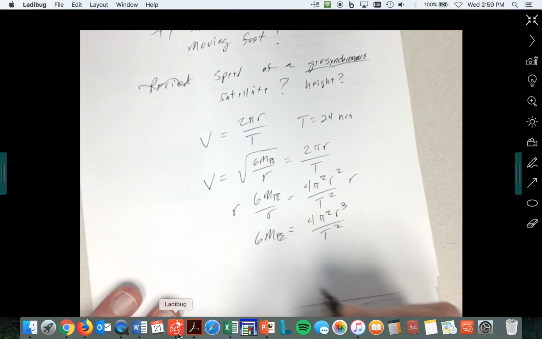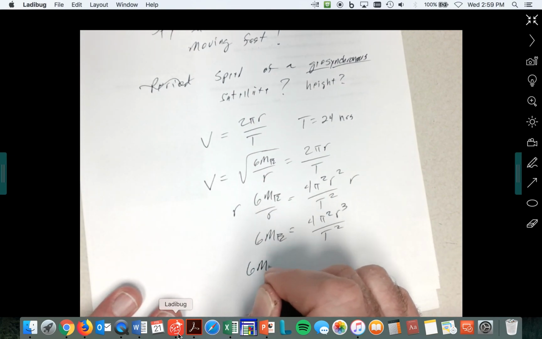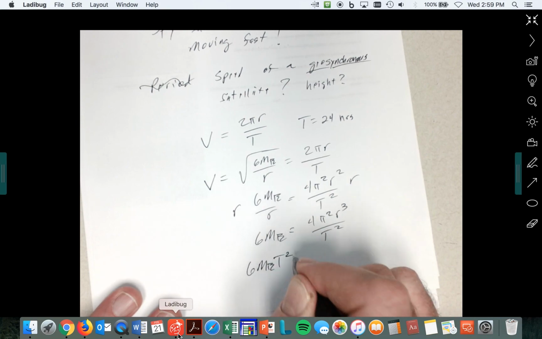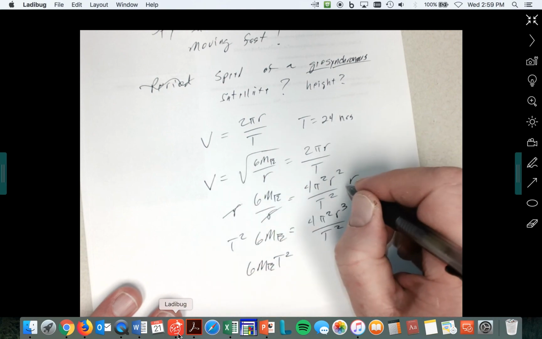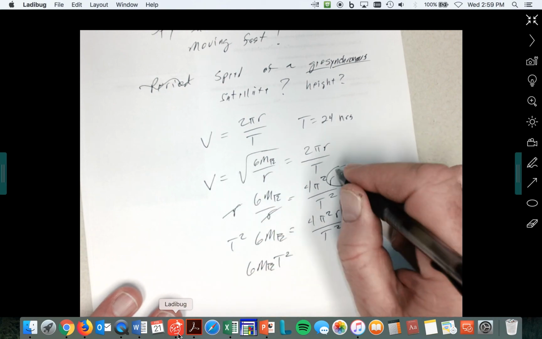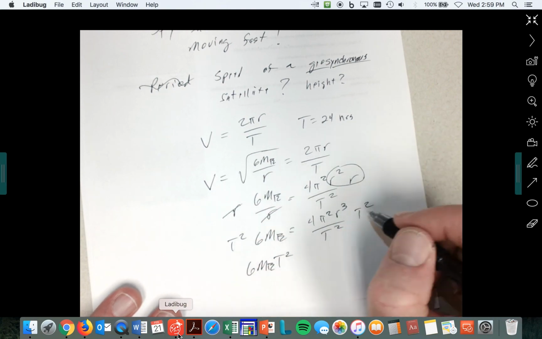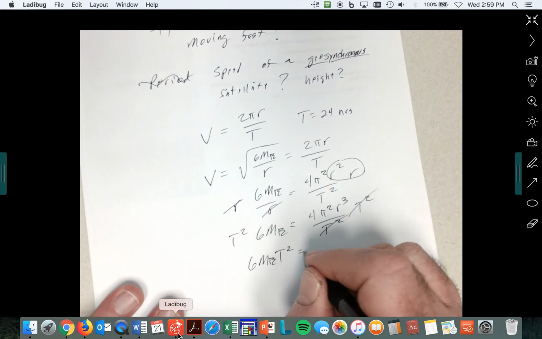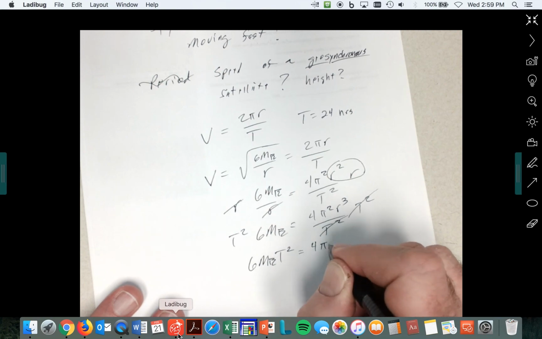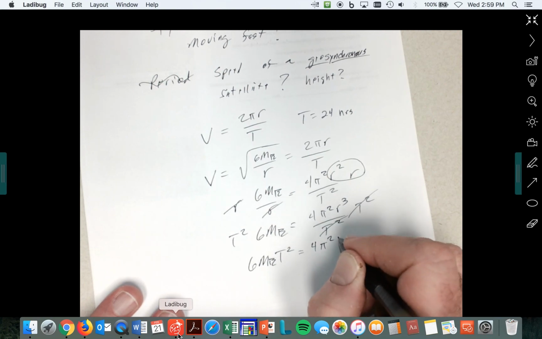Now I'm going to multiply both sides by T squared so I get rid of that. The reason I did that is so I can get rid of that, but that became R cubed. So GME T squared is equal to 4 pi squared R cubed.